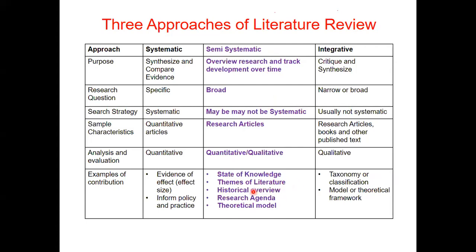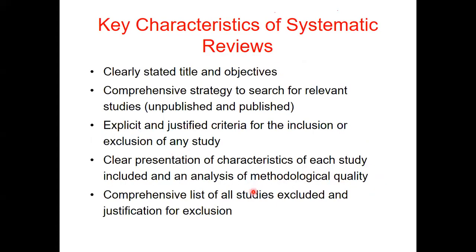Then, okay, let me just move on, maybe because of time. So, some key characteristics of systematic review. Normally, you have a clearly stated title and objectives. Then, of course, you have to have a comprehensive strategy, which I'll show you later, to search for relevant studies, both unpublished and published.